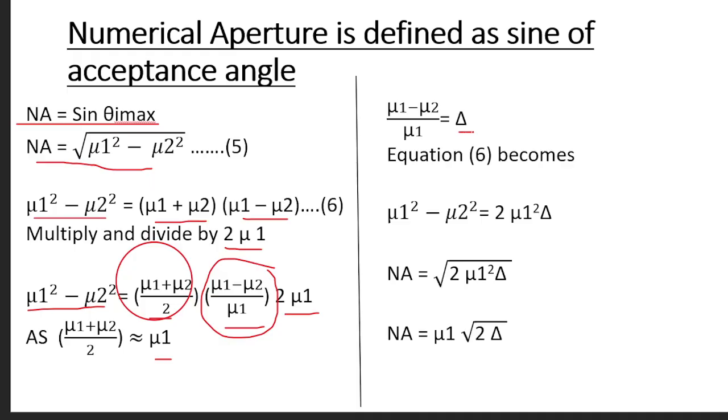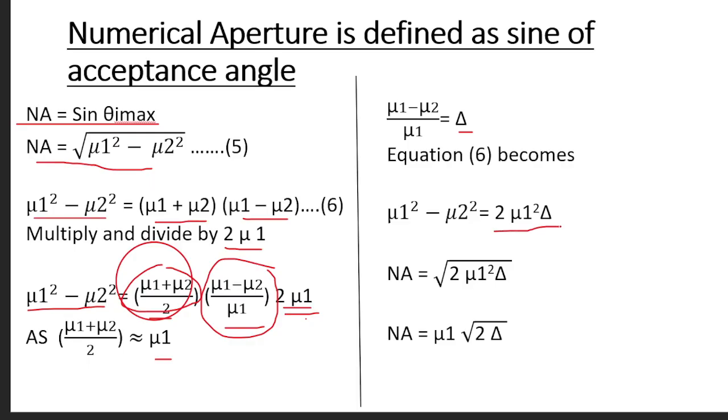By replacing these values, you can write mu1 square minus mu2 square equals 2 mu1, as it is, and this value is replaced by mu1, and already you have one mu1 in this equation. So we can write mu1 square minus mu2 square equals 2 mu1 square del.